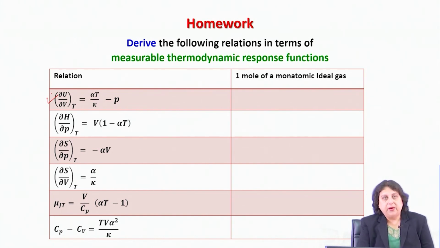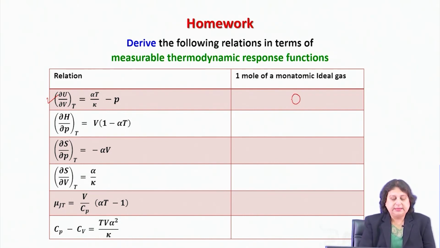If I put in the values of alpha, T and kappa for the ideal gas, I should be able to show that this value is equal to 0.